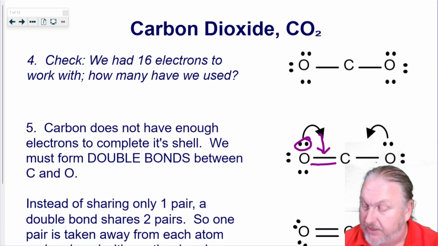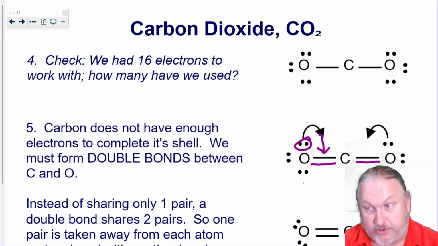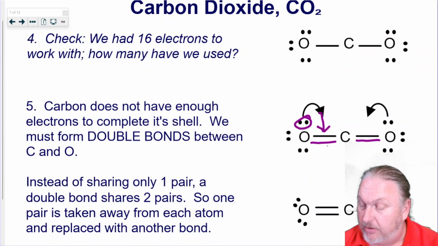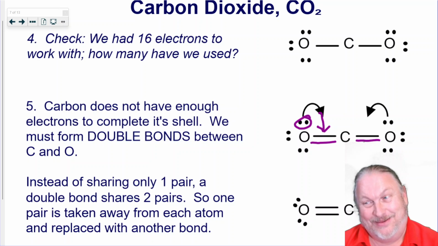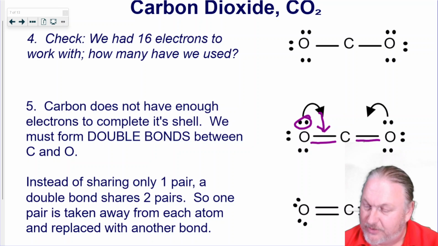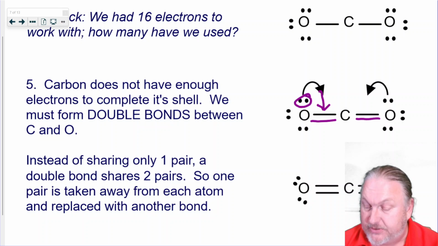And of course that oxygen is going to donate its pair and share the electrons with the carbon. Now we see that carbon has 8 electrons around it. 2, 4, 6, 8. That makes carbon happy. And we like carbon to be happy. So now we've got 2 double bonds there.